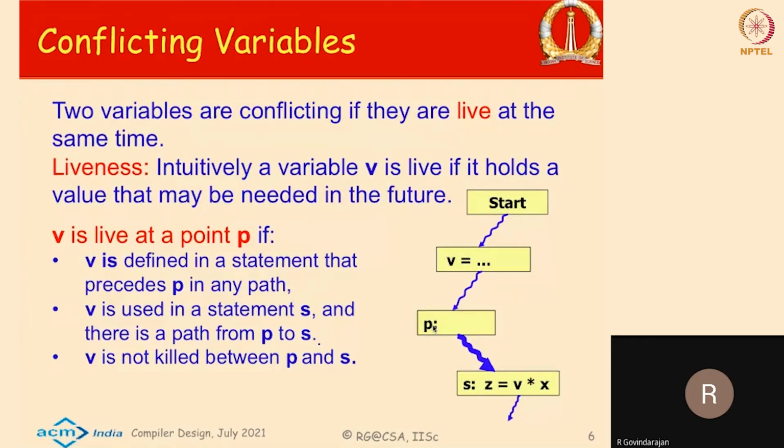It doesn't matter if there are other paths to v. You still need to preserve the value of v at program point p because there is an execution path from p to s in which v is being used, and there is no definition on that path. Therefore, at program point p, the variable v is live.